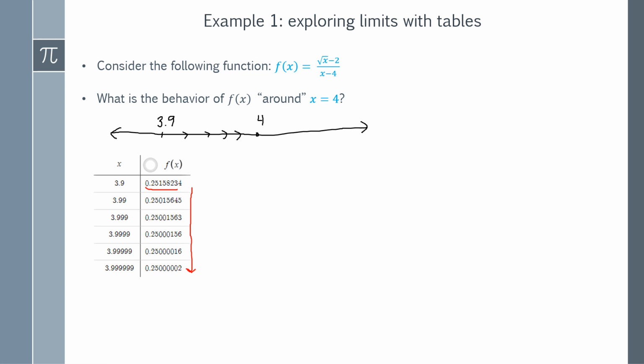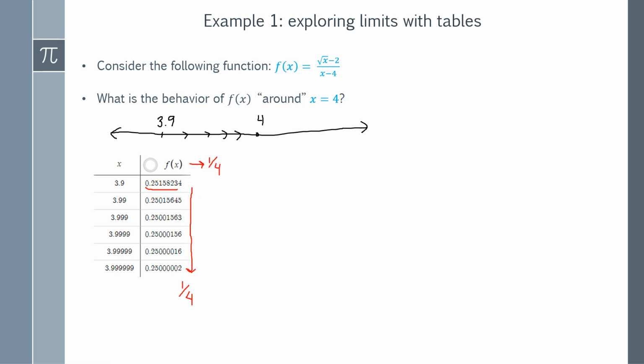All right, we can make a conjecture that as we are approaching x is equal to 4 from the left, the behavior of the function is what? f of x is going to 1/4. Okay, and that is based on this table right here.